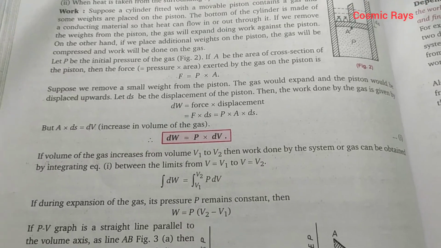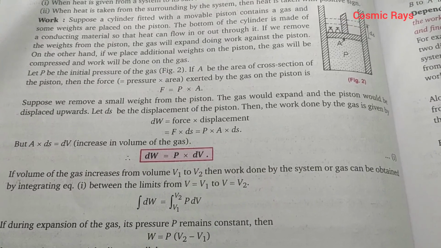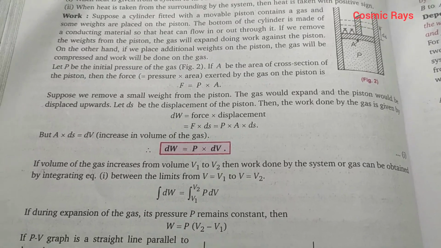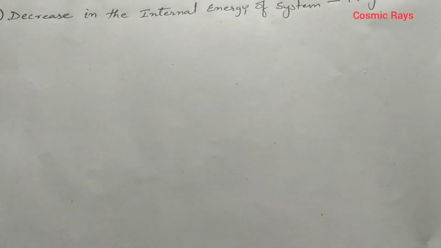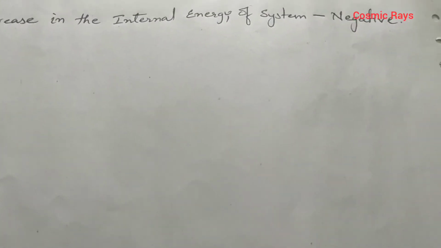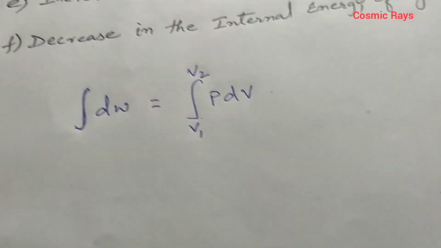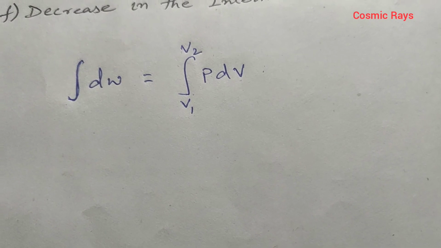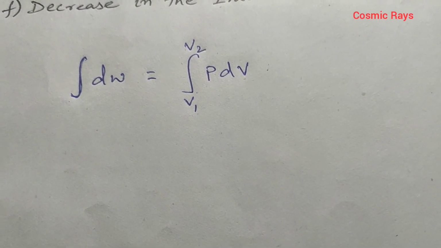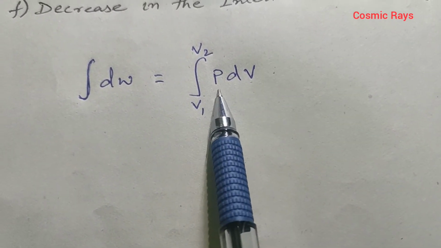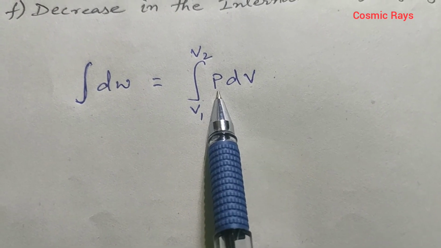So here the pressure of the gas has not changed, it remains a constant. So the integration steps would be, this is our initial equation, and as we have said that the pressure of the gas does not change, the term P, that is pressure, here will be treated as constant.